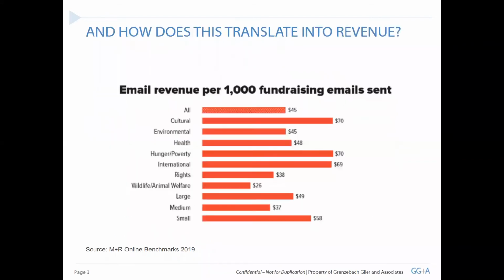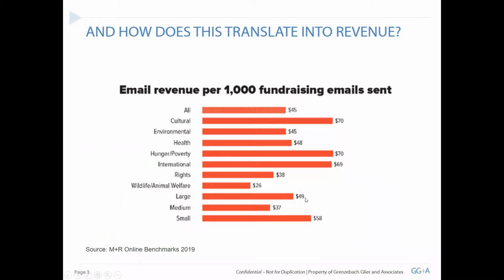So if we go on and look at that, you can see that overall, per 1,000 fundraising emails, you'd expect to raise about $45. There are differences by sector. Cultural organizations can do a lot better, hunger and poverty and international as well. It also helps if you're small.